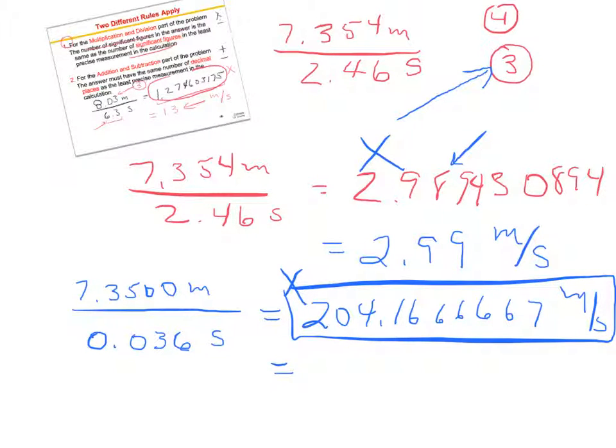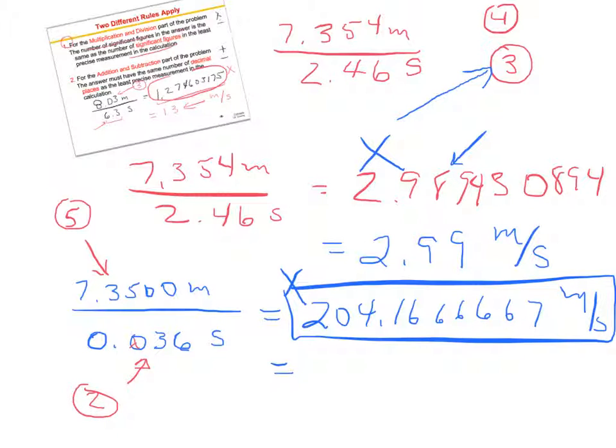The final answer can have only as many significant figures as we had in our multiplication or division. So how many significant figures do we have in the numerator? 5. Because the trailing zeros count. How many significant figures do we have in the denominator? 2.